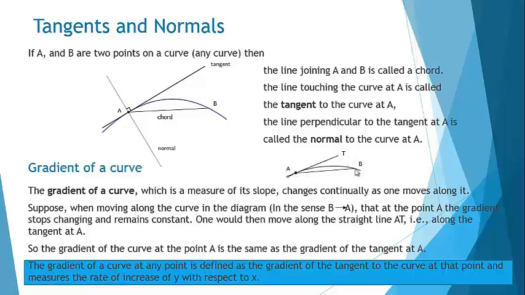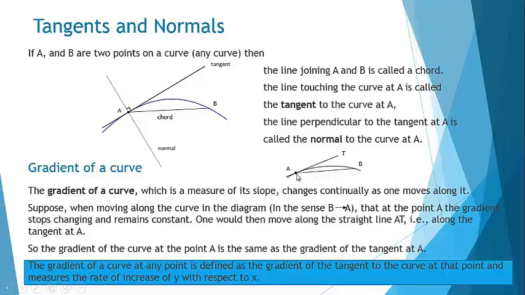We can find the gradient of a curve by the rate of increase of y with respect to x. So we can take any 2 points on the curve and find the gradient. If we consider 2 points A and B, B moves towards A. When B moves towards A, it changes its position.